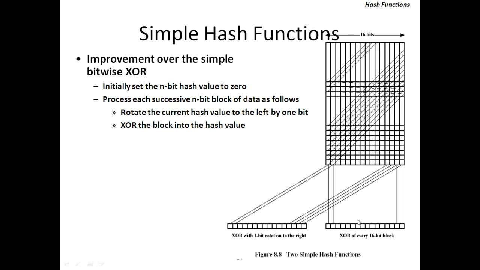Let's do this with an example. There are 16-bit blocks here. This is taking the exclusive OR with a 1-bit rotation for every block.